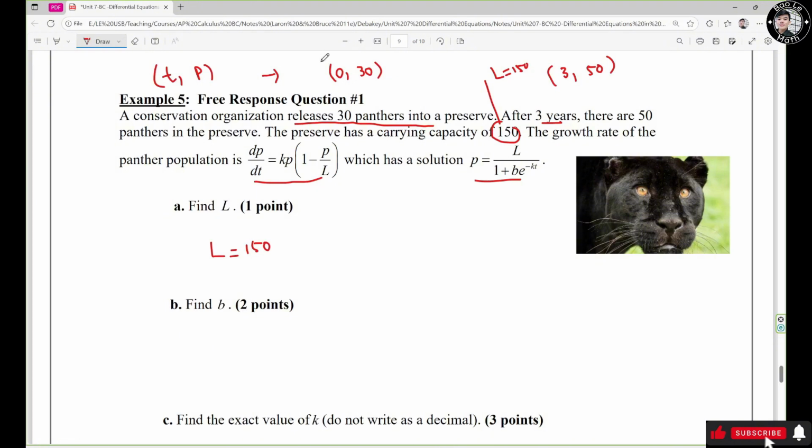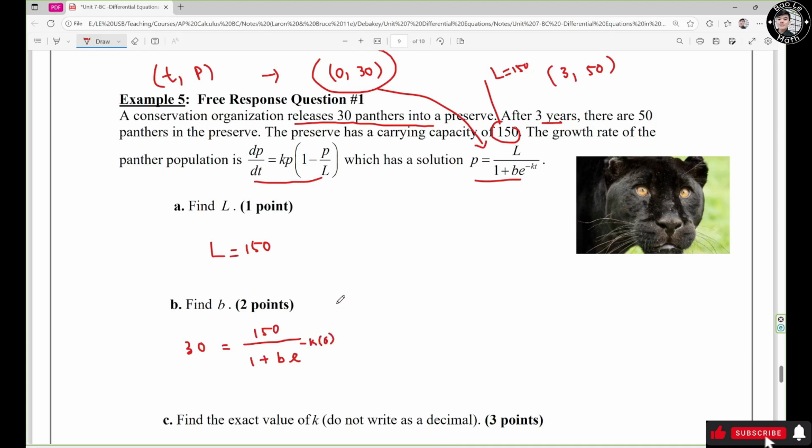Now question B. Find B. We're going to use the ordered pair right here, so we substitute it over here. We have 30 equals 150 over (1 plus B times e raised to the negative k times 0).